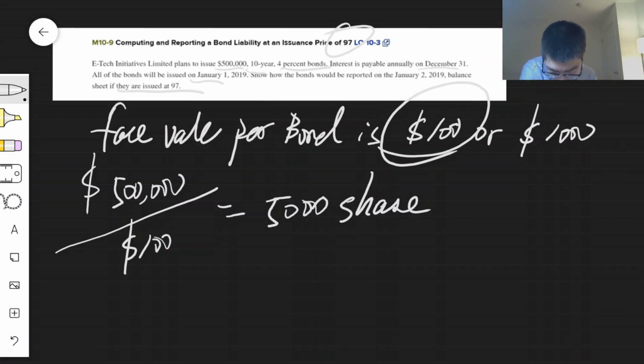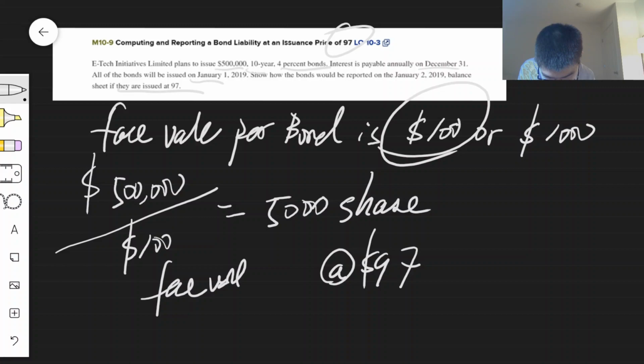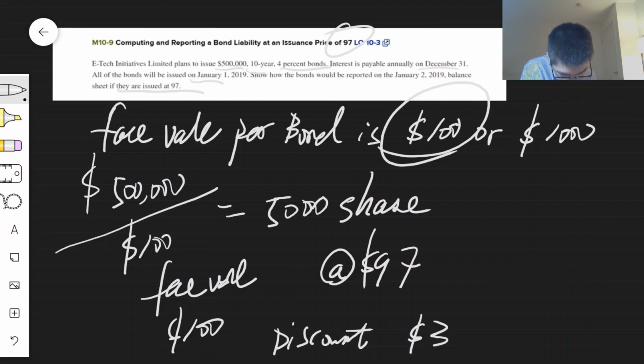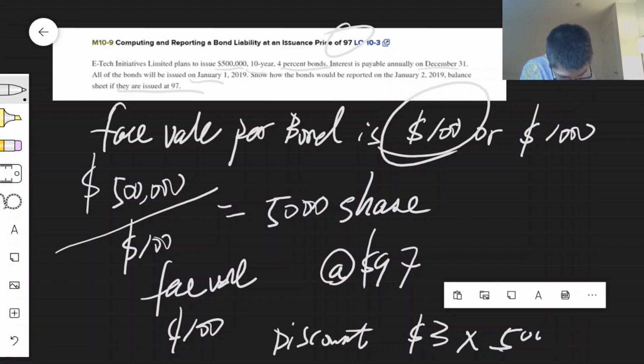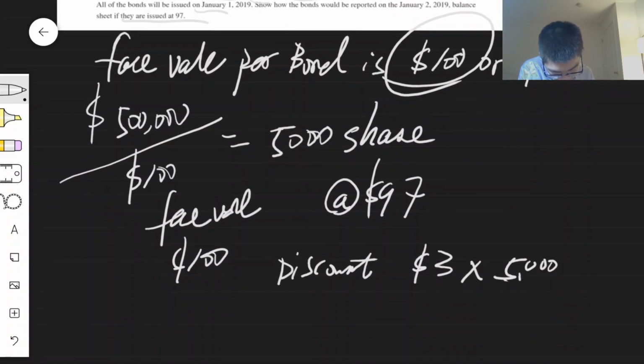And each share we sell at $97. Face value is $100, so we are selling at a discount of $3 per share, times 5,000 shares.